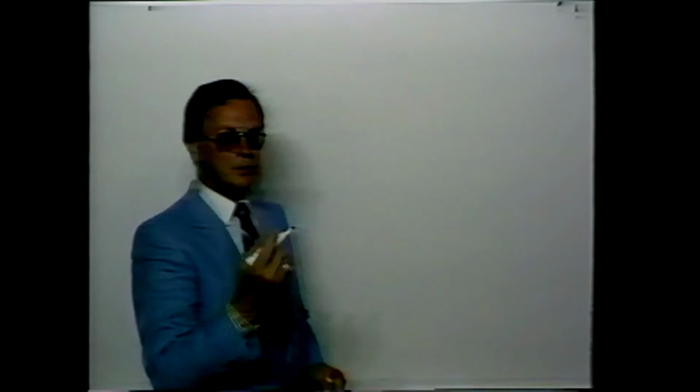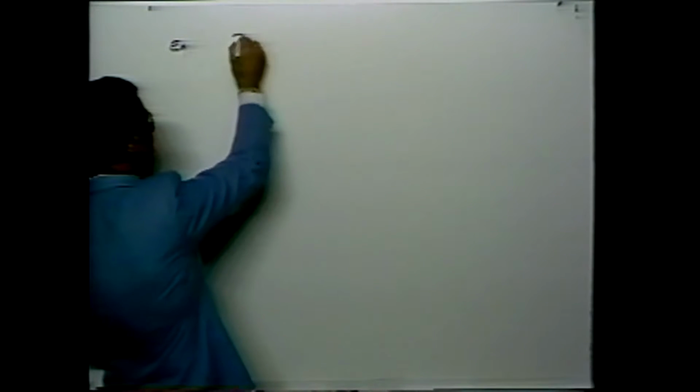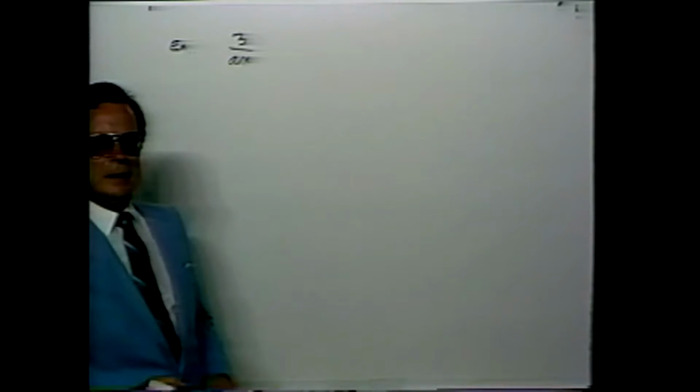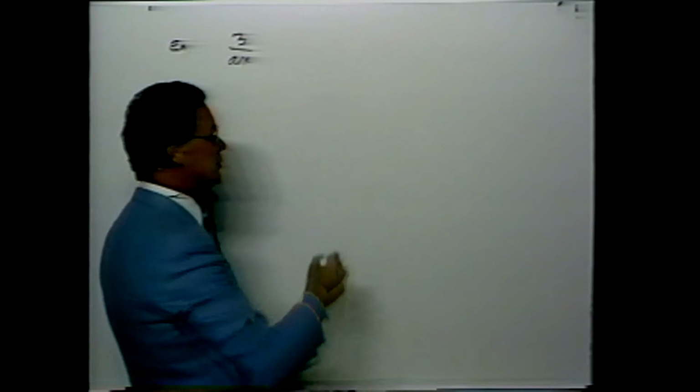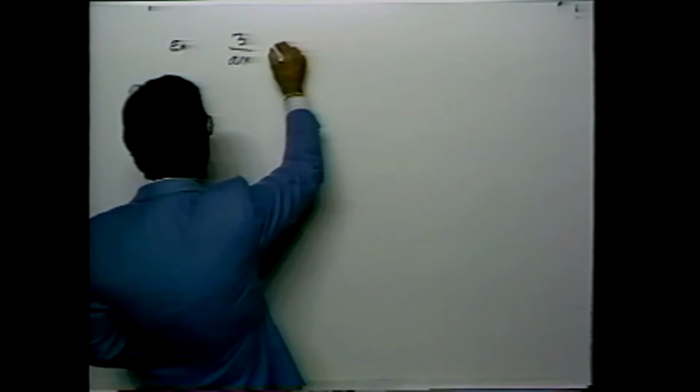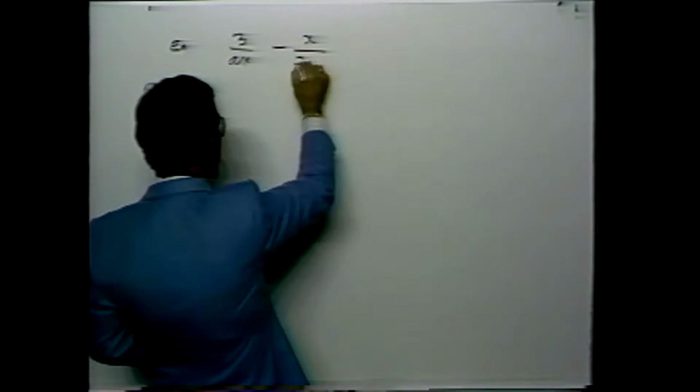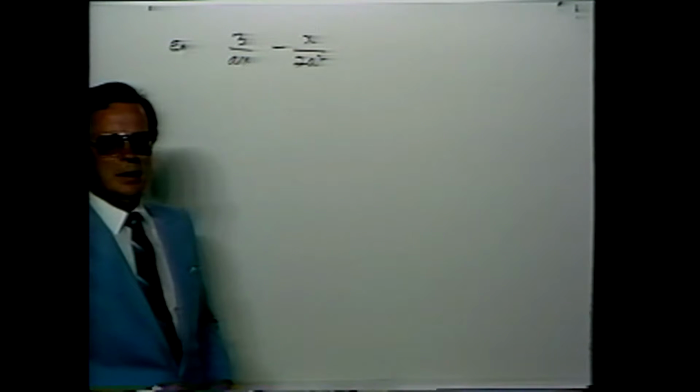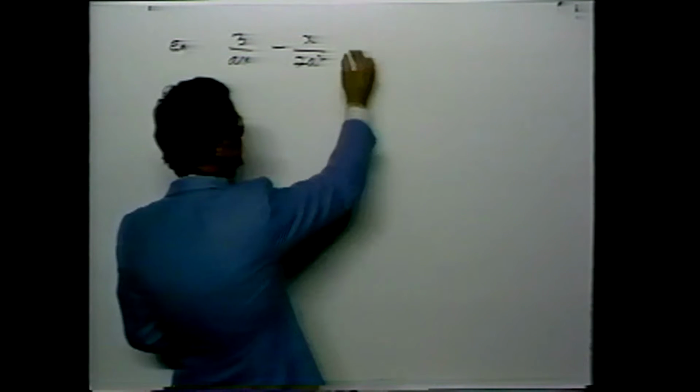We'll deal with a simple example first. Take 3 over ax and subtract x over 2a squared, followed by minus 7 over 2x.